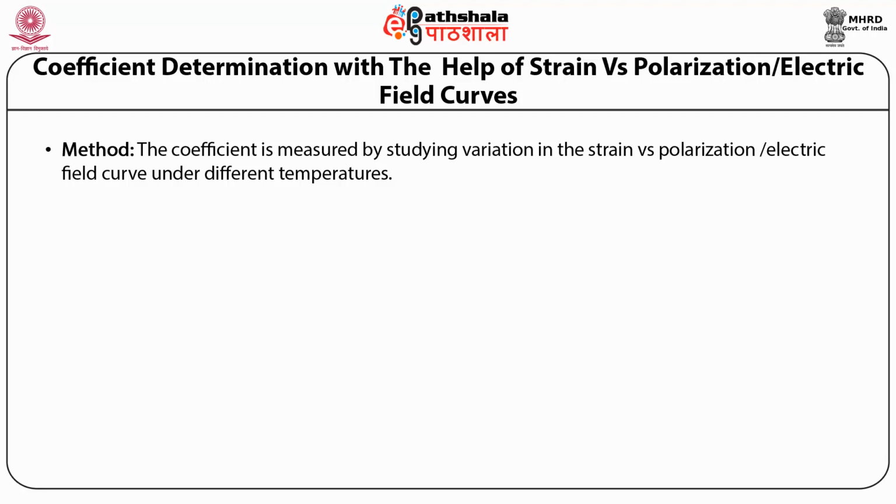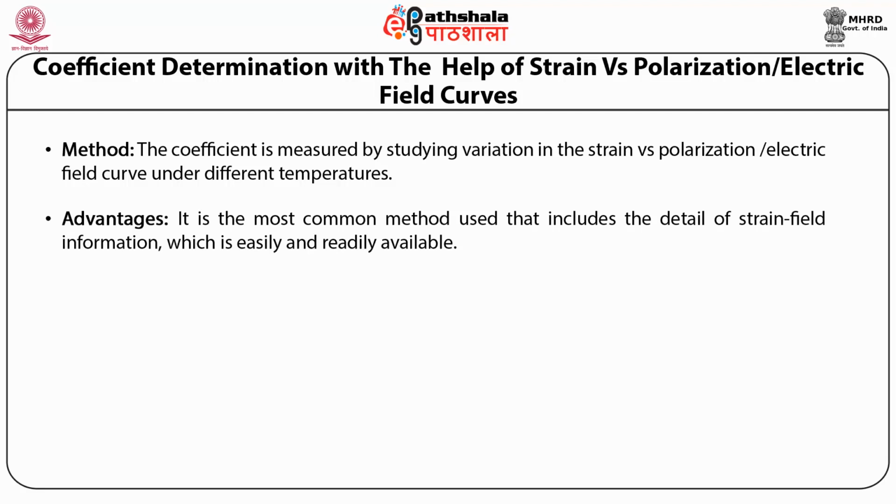This method is applicable for determining the electrostrictive coefficient of materials having a high dielectric response, where the strains can be measured with minimum errors. So, this is about the method.